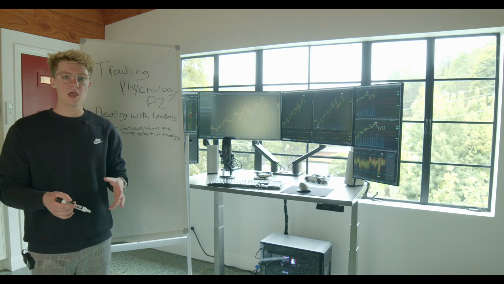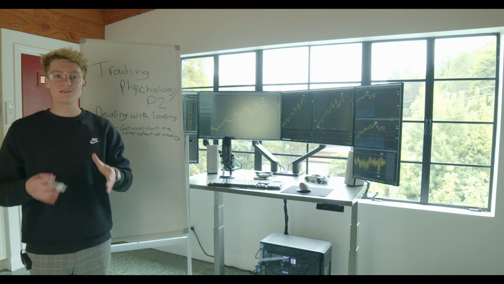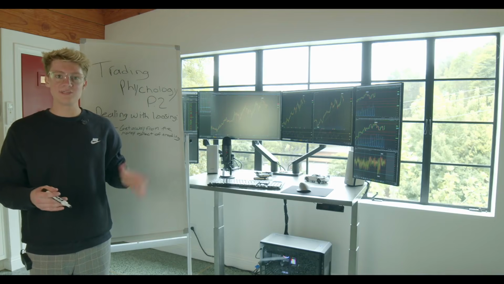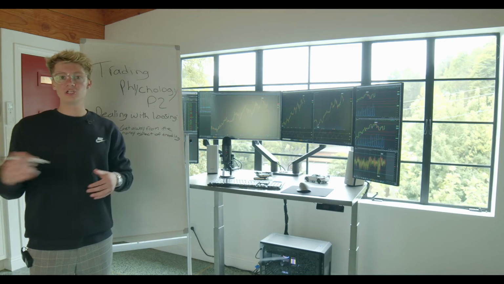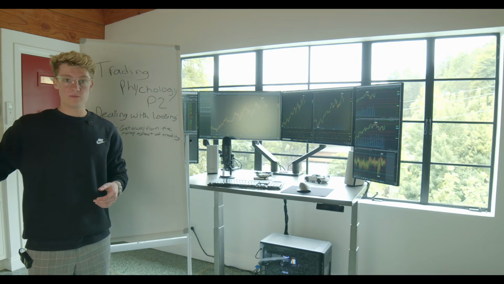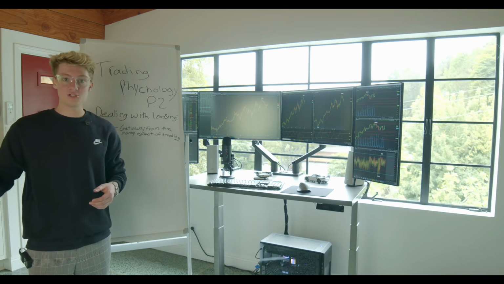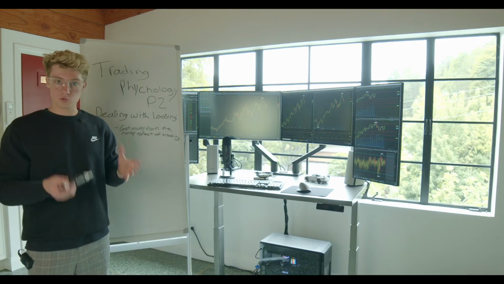Your profit and loss, you're constantly staring at that, you're constantly checking it. The best thing that I recommend everyone does is turn off your P&L, don't look at it, because by doing that, you're shifting your focus away from the money part, which is how much you're up or how much you're down, to the trade itself, right?